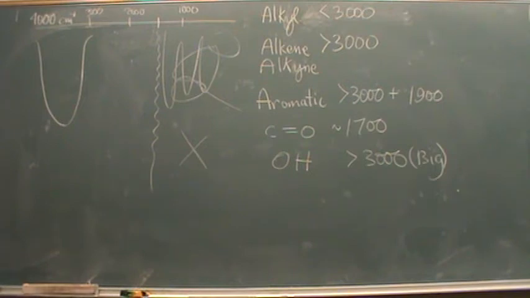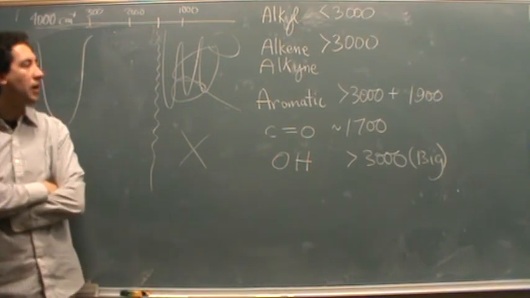There's some interesting peaks around 2200 or so for the CN group, the C triple bond N. That could be a good one to know. An amine will give peaks above 3000. That's sometimes helpful to know if you're dealing with amines at all. But as far as doing your typical OChem exam question, this should be helpful.